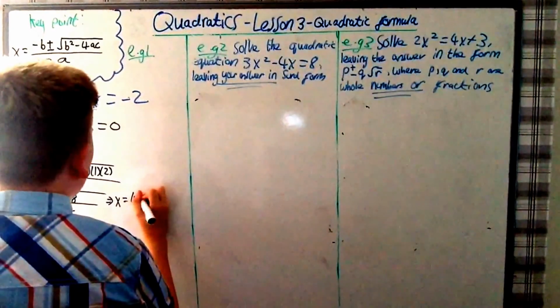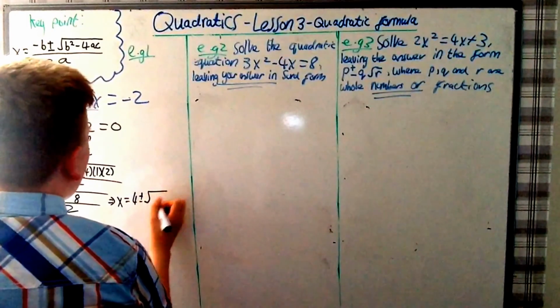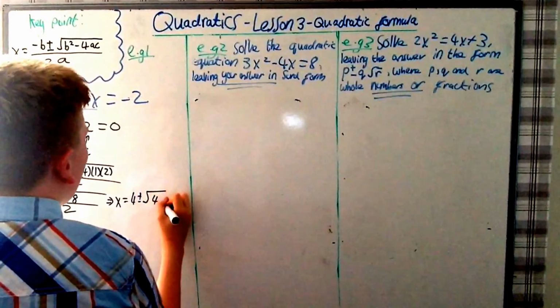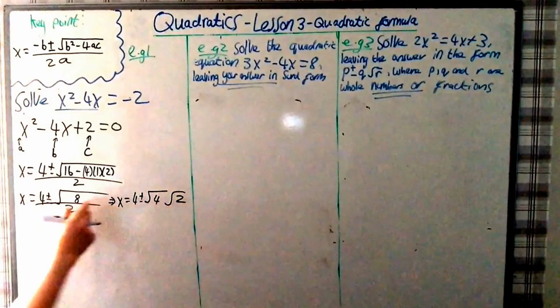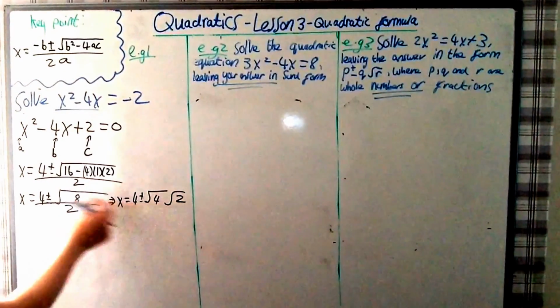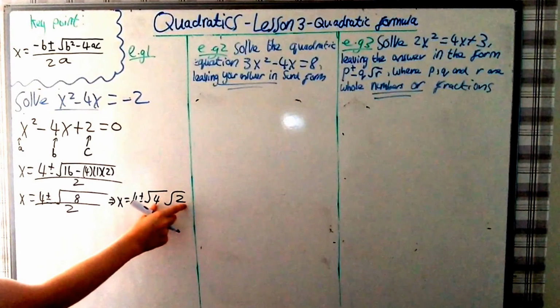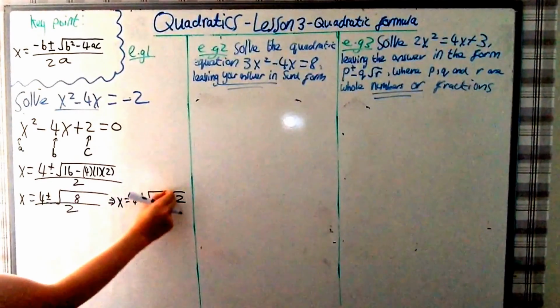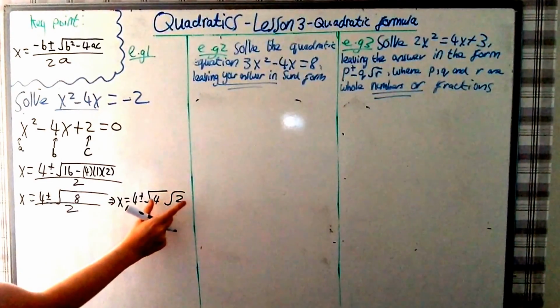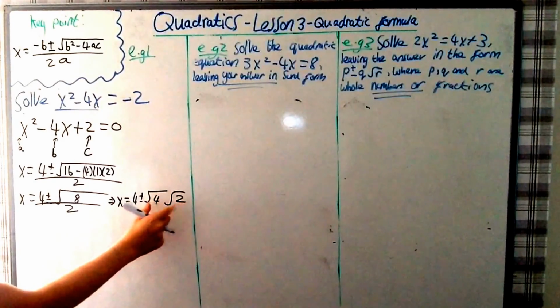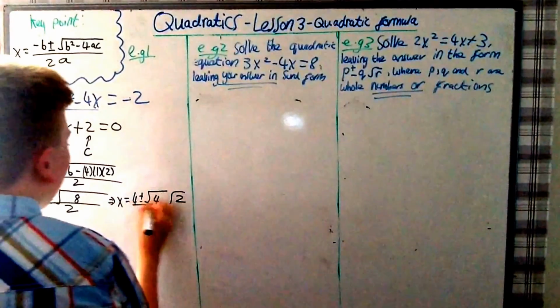So, it's 4 plus and minus. Now, the square root of 8, using surds, can become root 4 root 2. Now just for this example I'll show you what we're doing. We're splitting the root 8 into root 4 multiplied by root 2. We know that 4 multiplied by 2 is 8, so we're allowed to split this up into 2 individual square roots, 4 and 2, all over 2.